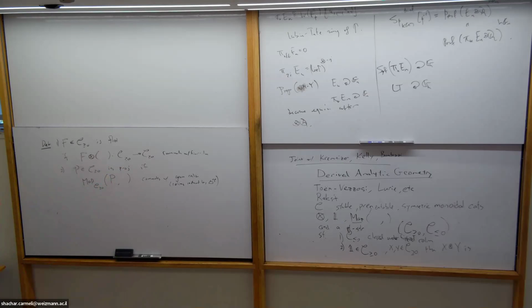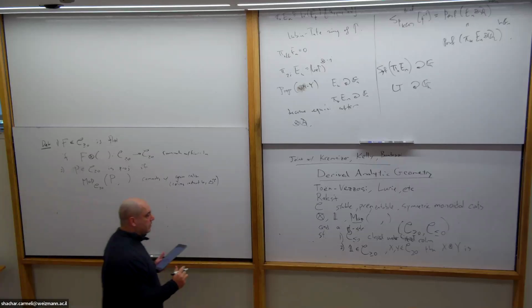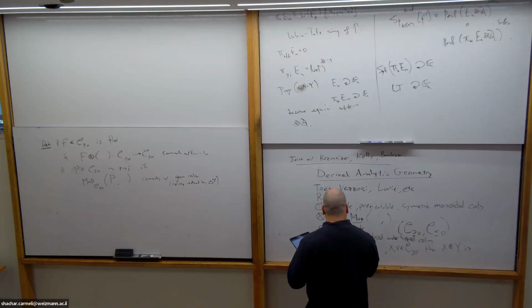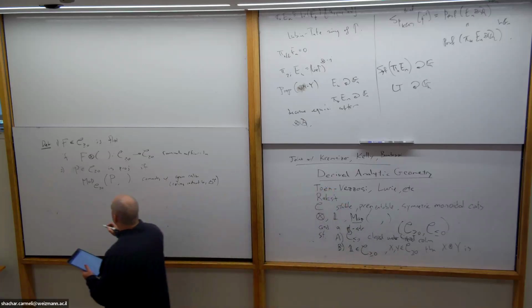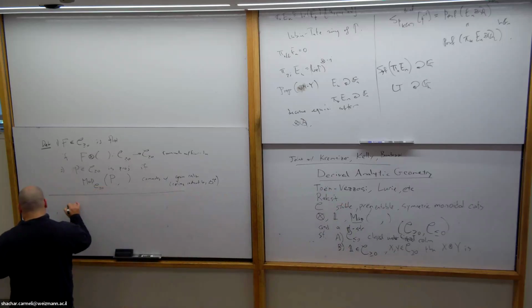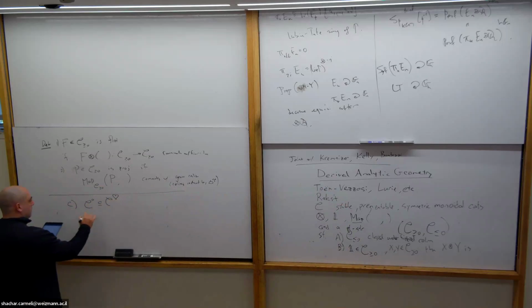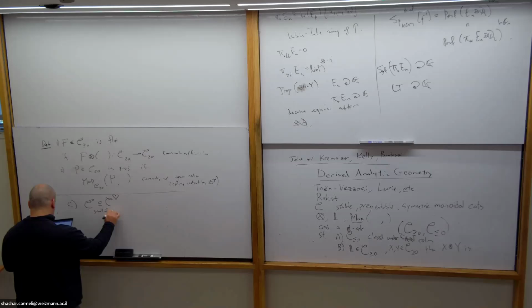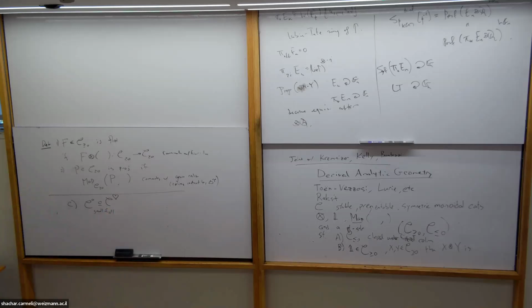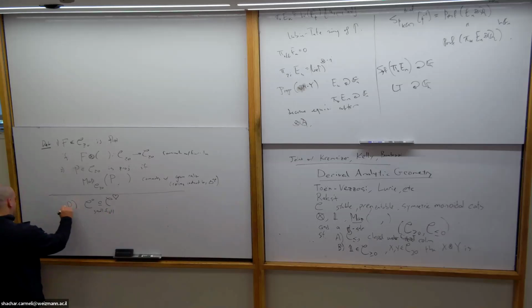I'm defining what Raksit called the context, but I haven't finished yet, so I'm going to add axioms. Let me call these A and B. Then C and D. C: the t-structure is right complete.